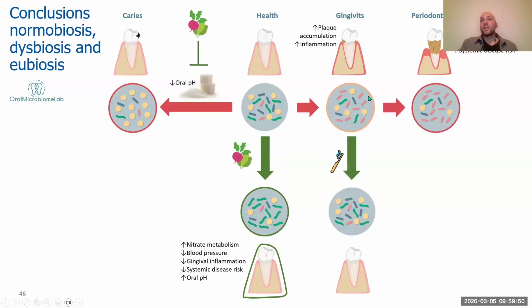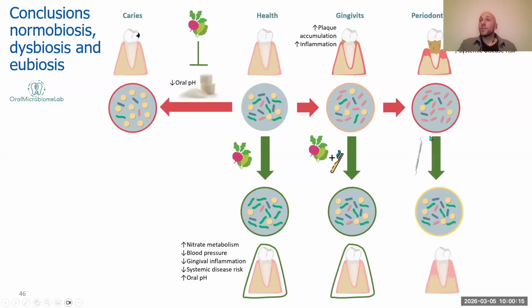Then gingivitis can often be treated with oral hygiene, getting rid of the inflammation and getting a more healthy microbiome composition. And Yoko Snyder and colleagues also showed that vegetables increase this positive effect by decreasing inflammation.